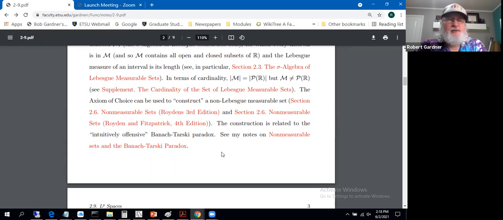Banach-Tarski paradox deals, if described in a physical way, with this most offensive idea. Very crudely put, it says I can take a sphere of radius 1, I can break it into 5 pieces, rigidly take those 5 pieces, glue 2 of them together and get a sphere of radius 1, and glue the other 3 together and get a sphere of radius 1.